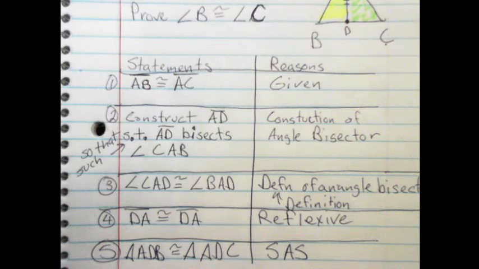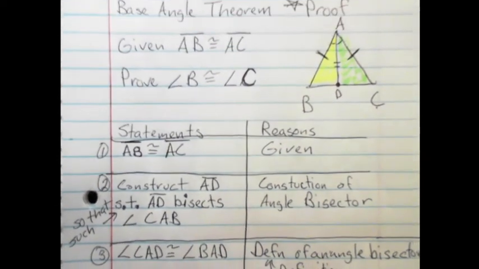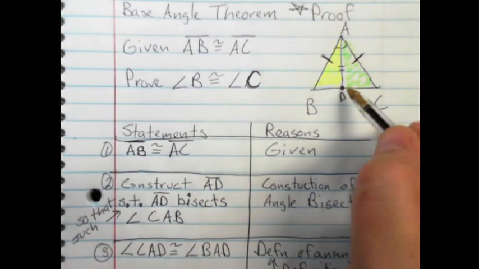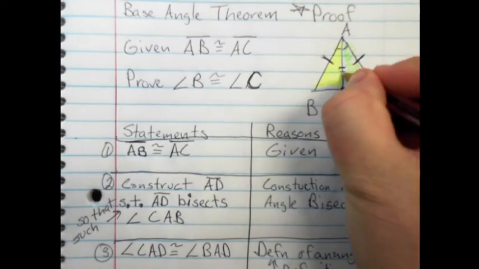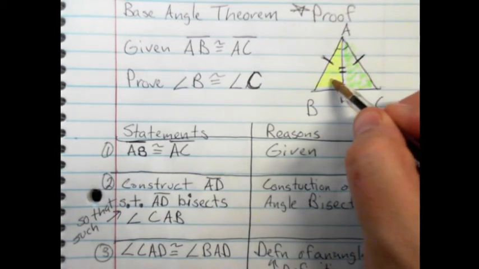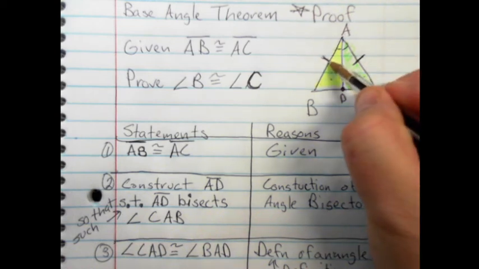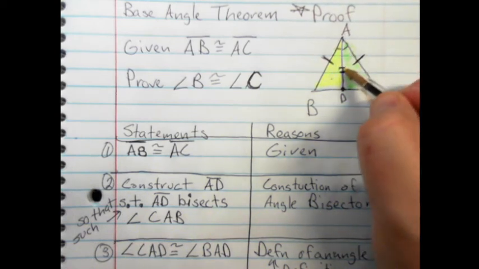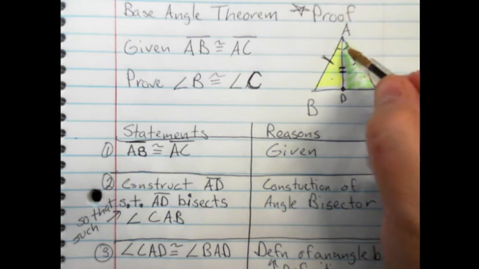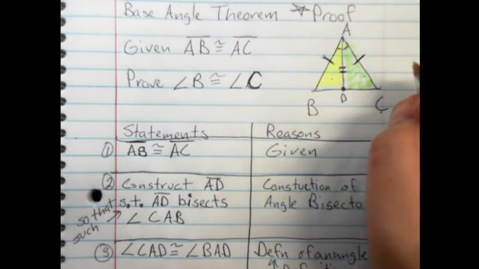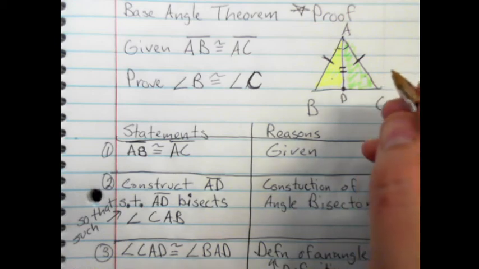By saying that the line segment AD is congruent to itself, I have proven that this triangle is congruent to this triangle because I have a side, an angle, and a side. Now what that means is that the corresponding parts are also congruent.